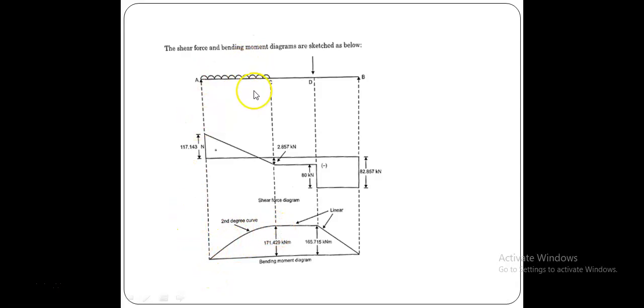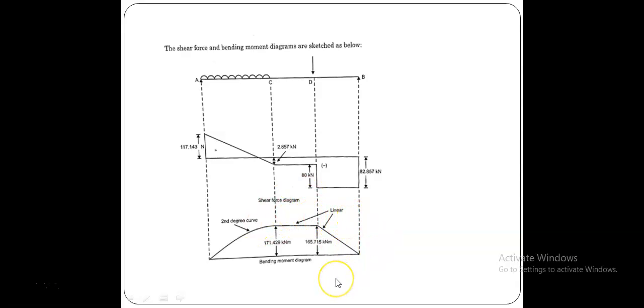Once you form the equation, the bending moment is RA into distance x minus W into x, since the UDL acts at the center, x by 2. Therefore W into x by 2, so it is Wx squared by 2. Now it becomes a second degree parabolic curve in this UDL region.